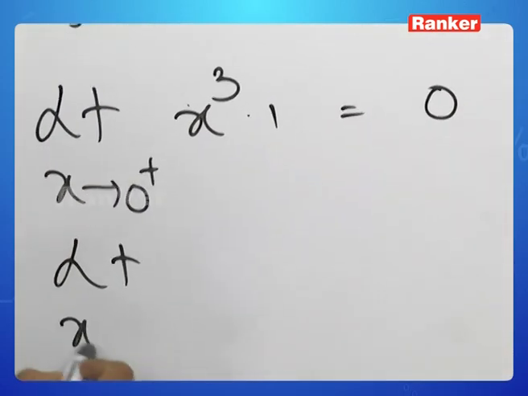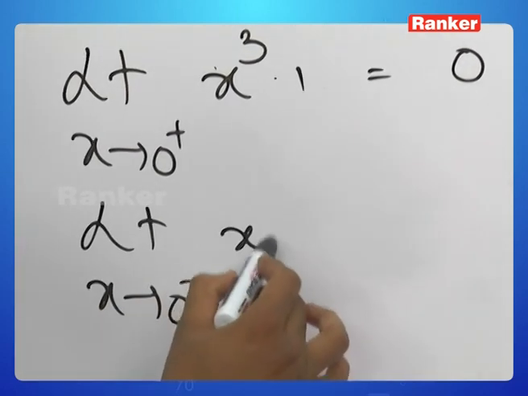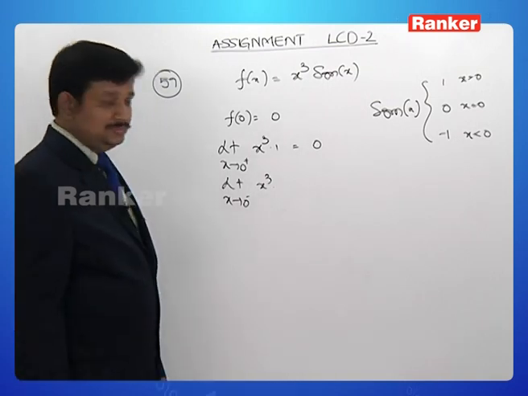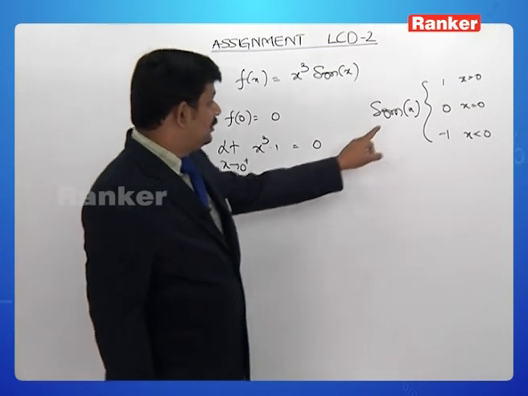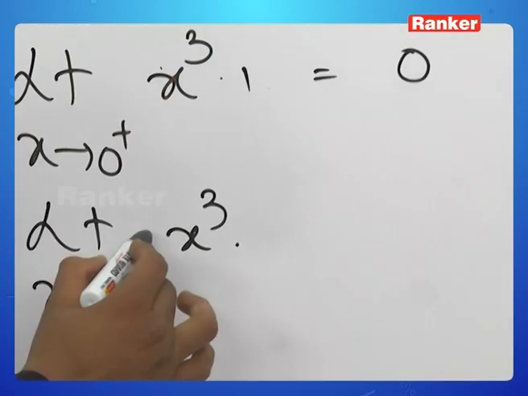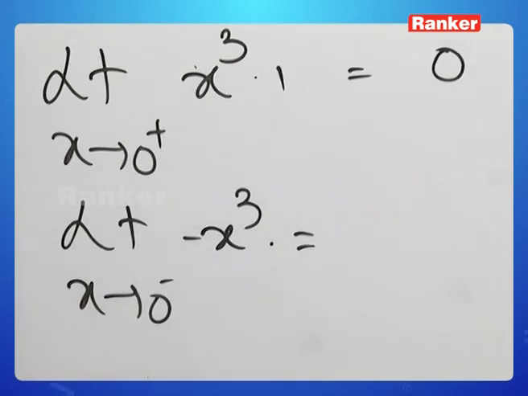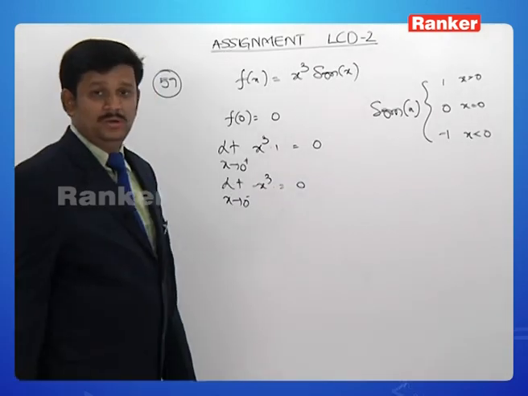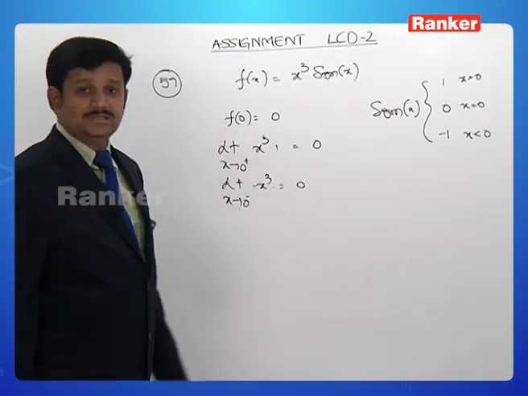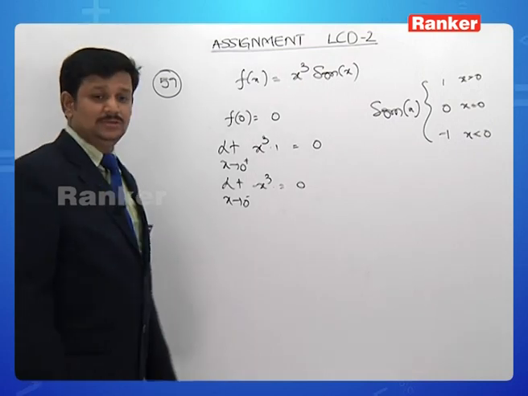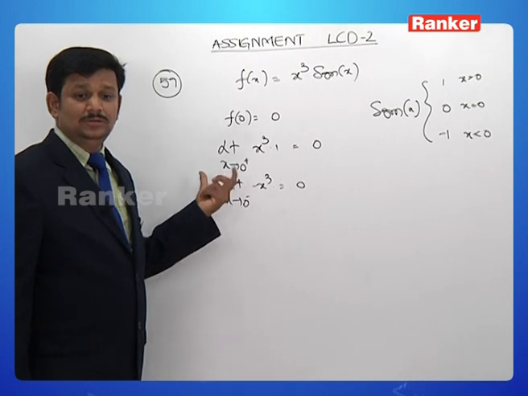Limit x tending to 0 minus, x cube into signum of x: signum of x is minus 1, so this function is minus x cube. As x tends to 0 minus, x cube would be 0. F of 0 is 0, f of 0 plus is 0, f of 0 minus is 0. So the function is continuous at x equal to 0.